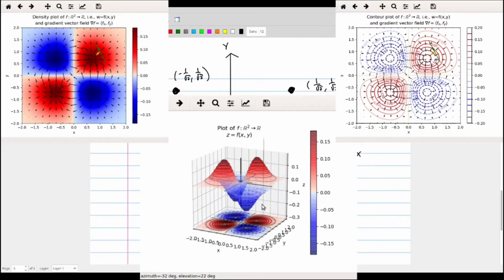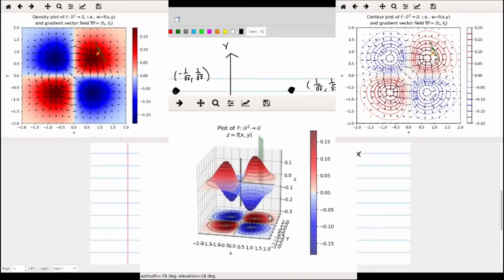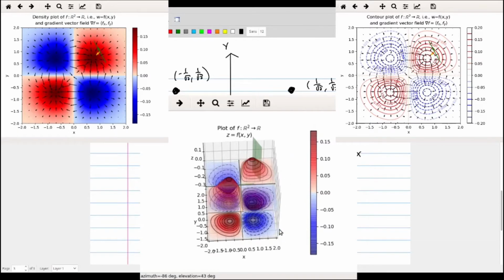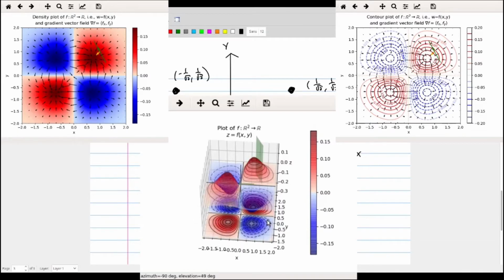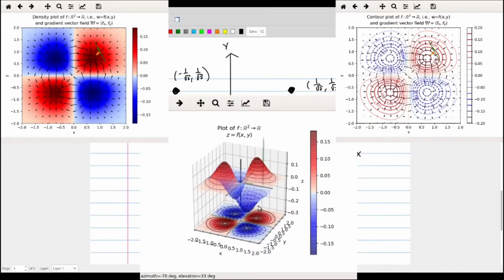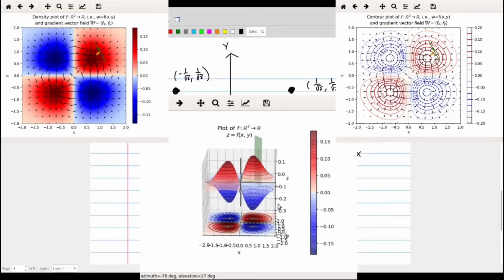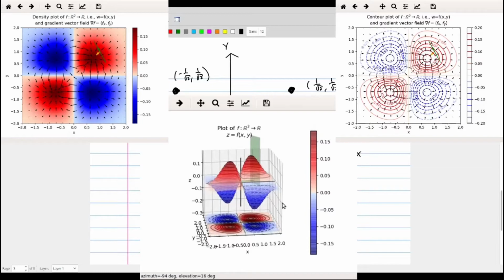If we rotate this function around, we're seeing exactly those 5 critical points that we calculated before. From the plot, 2 of these points are local maximums, 2 are local minimums, and 1 is a saddle point. The origin is what's called a saddle point of our function.